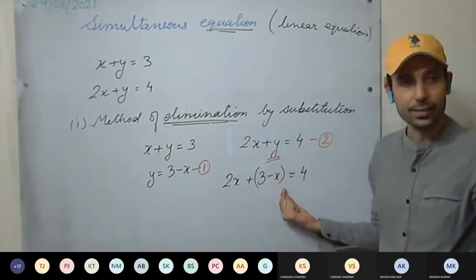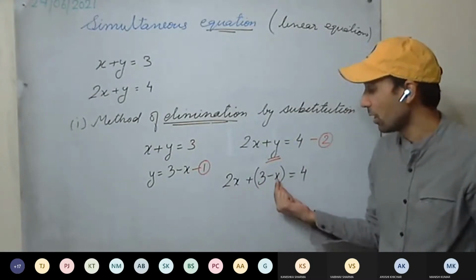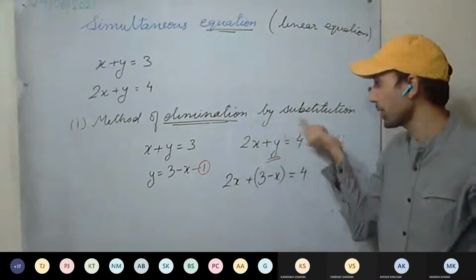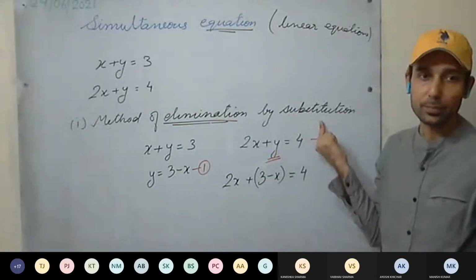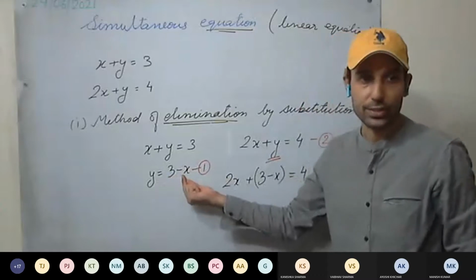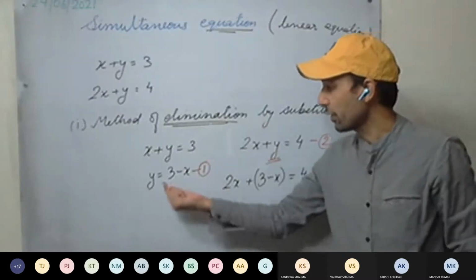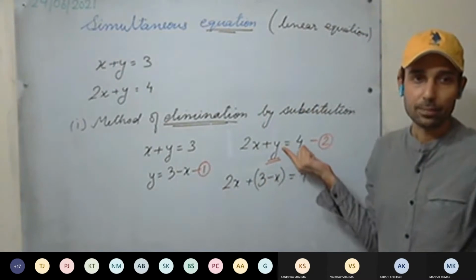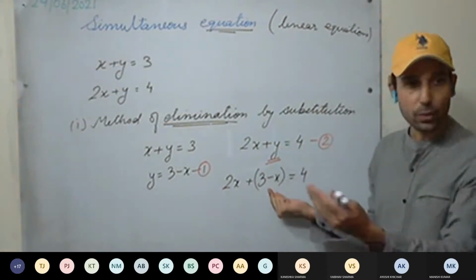There is no term of y here. We eliminated it by substitution, that is, we took the value of y from the first equation and put it in the second equation. So one variable is gone.